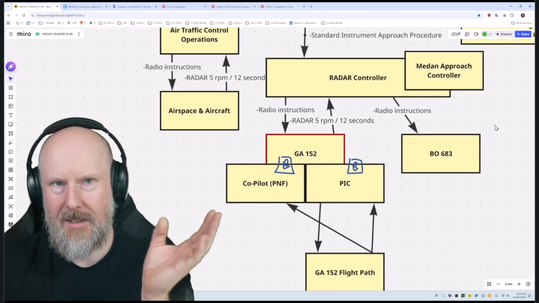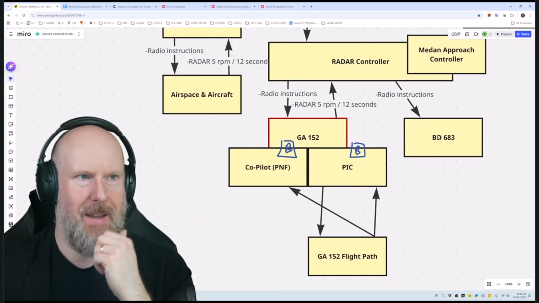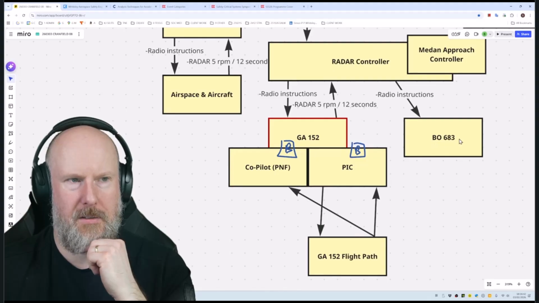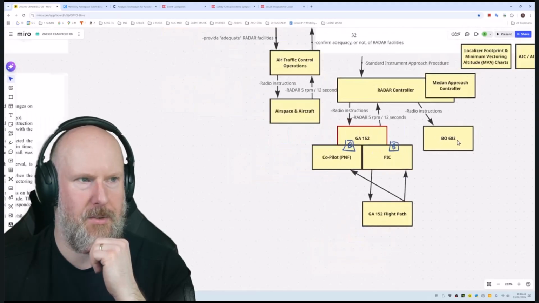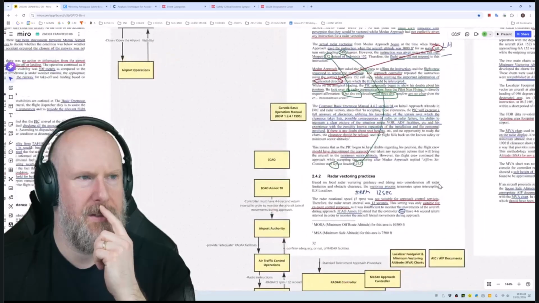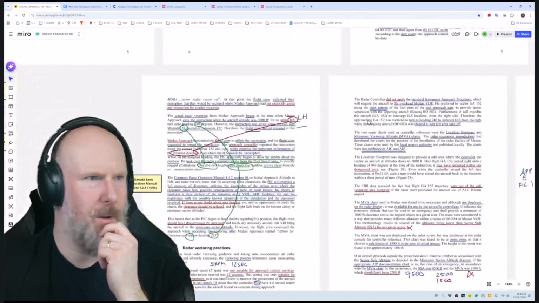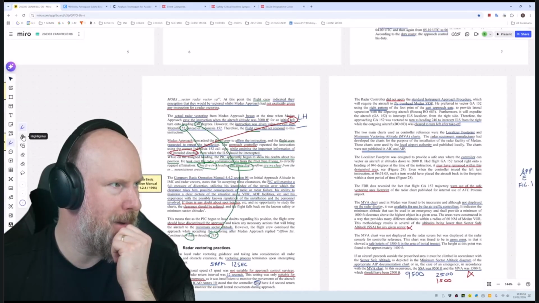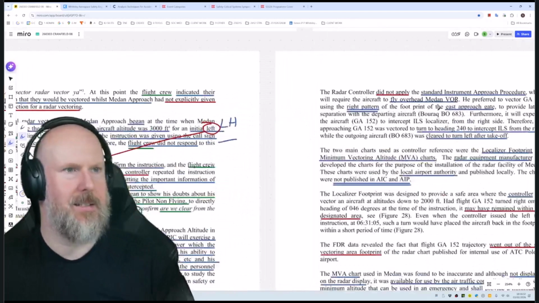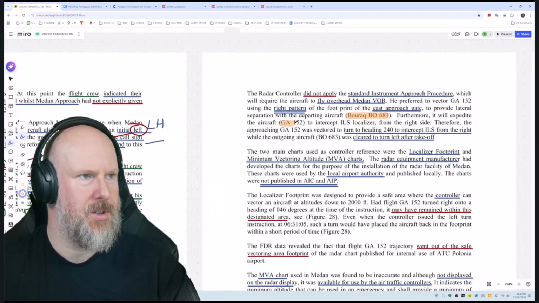We highlighted last time in the last livestream, there is mention of this other aircraft, BO683. I'm not sure that is MERPATI152. There we go. Let me just get my highlighter pen. Burak BO683 and GA152.